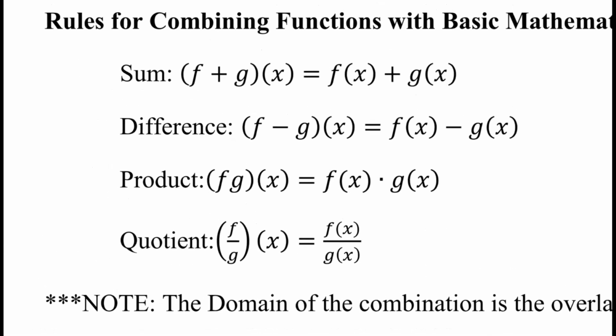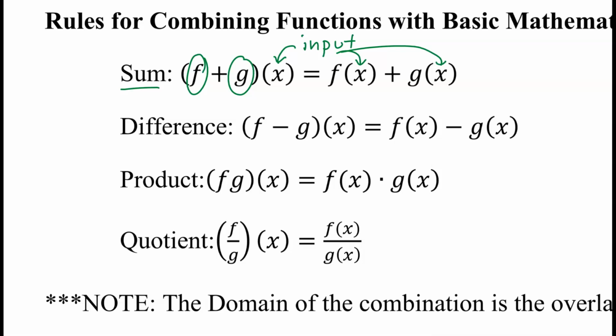So here, looking at this first sum, how you would read this is we're adding f and g, and this second set of parentheses is not multiplied by x. What this means is this is our input. This is what we are inputting into f and g.